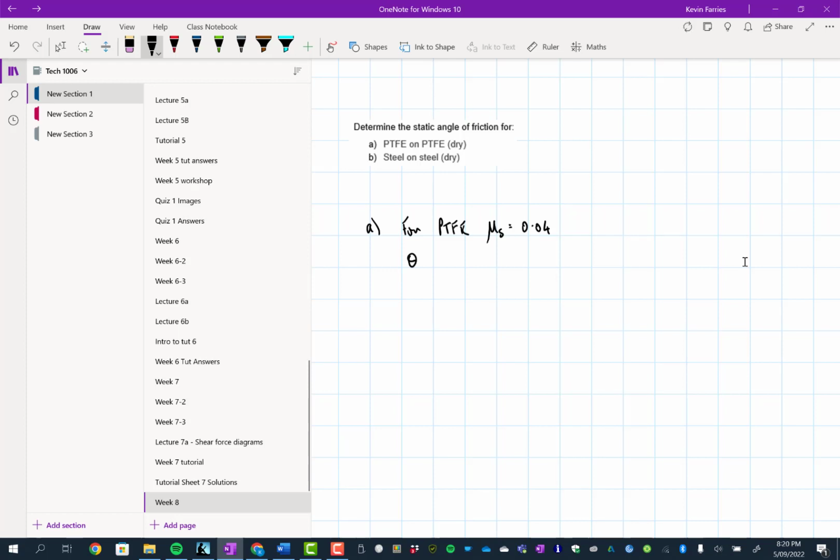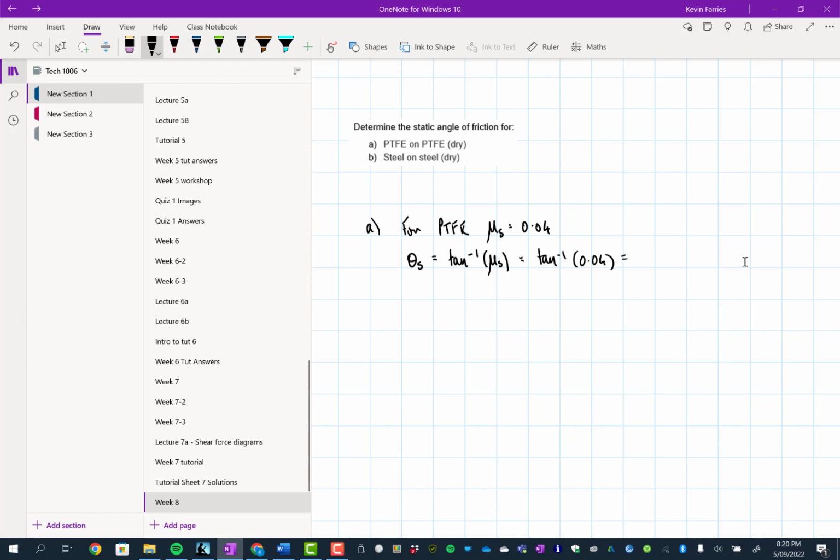And the angle of friction is just equal to inverse tan of that, which is equal to tan to the minus 1 of 0.04, which is equal to something quite small.